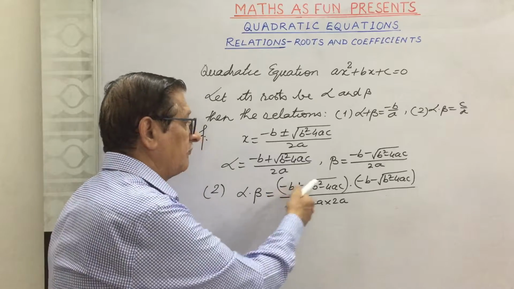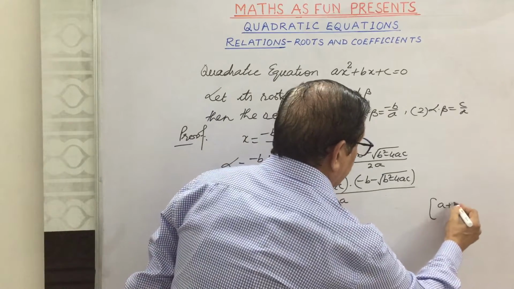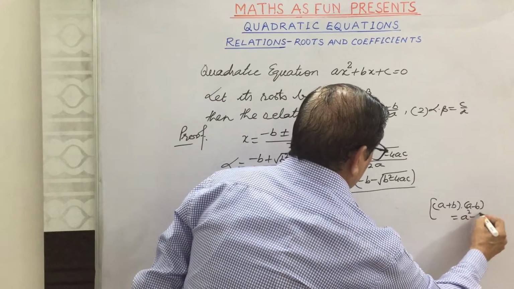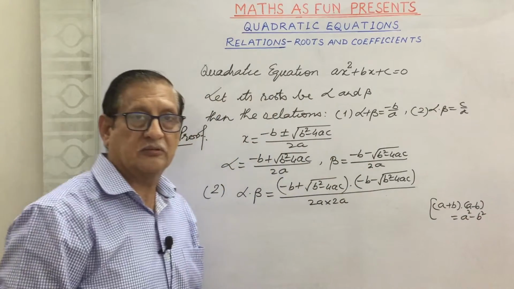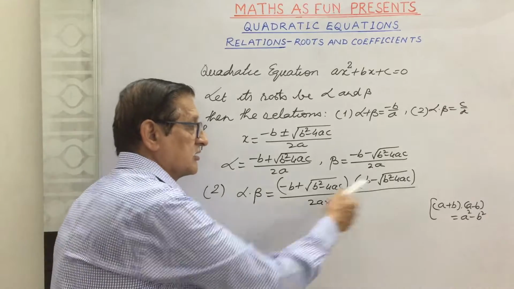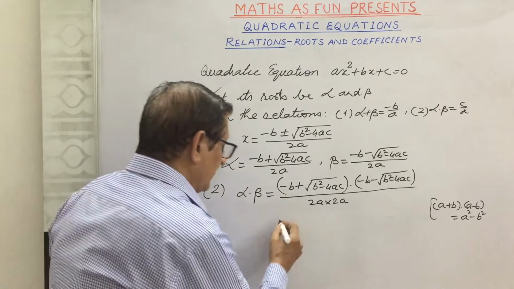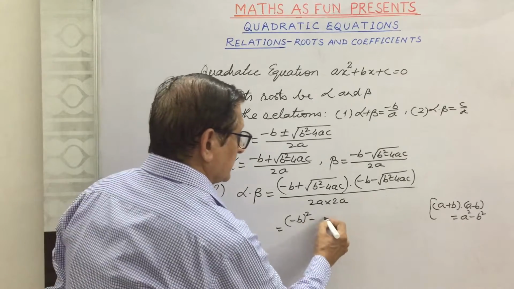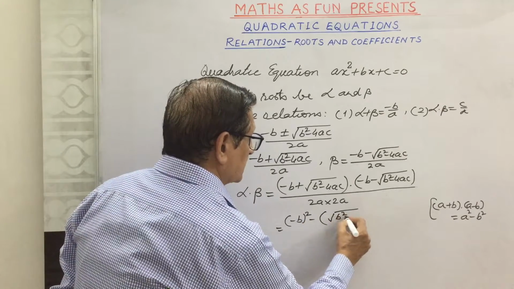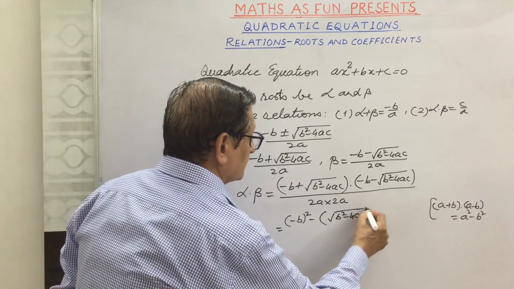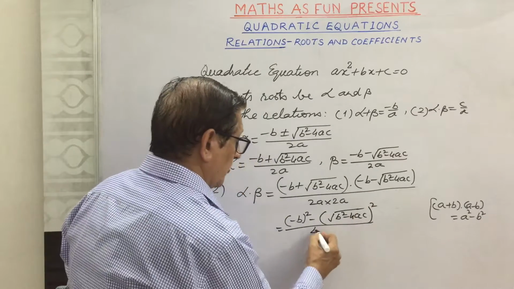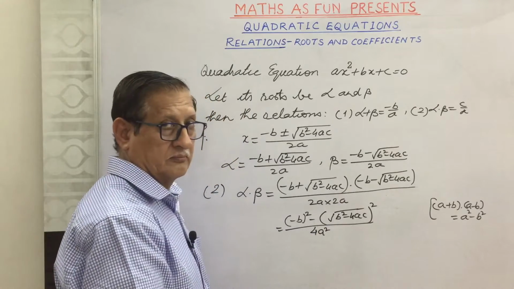We know the formula a plus b into a minus b is equal to a square minus b square. If we apply this identity, we will be getting here square of minus b minus square of root of b square minus 4ac upon 4a square.